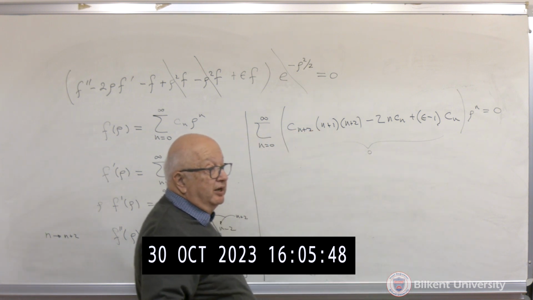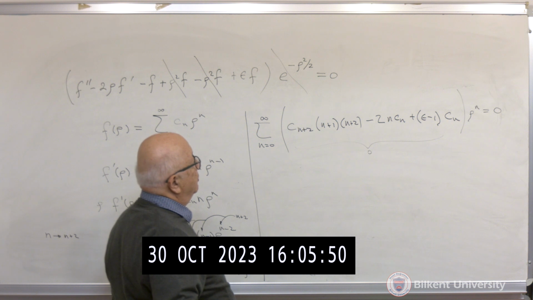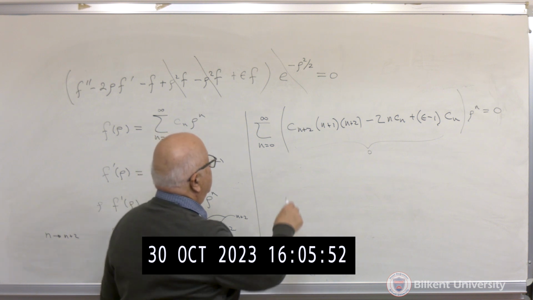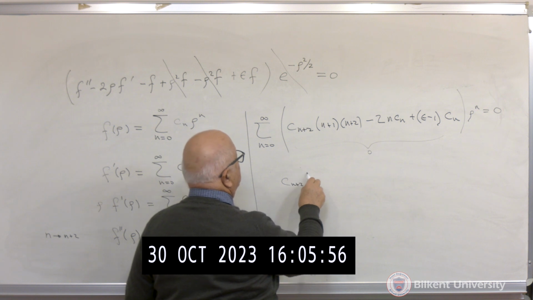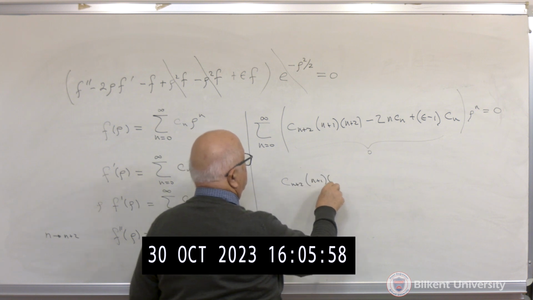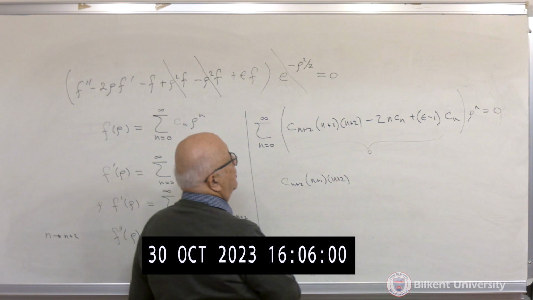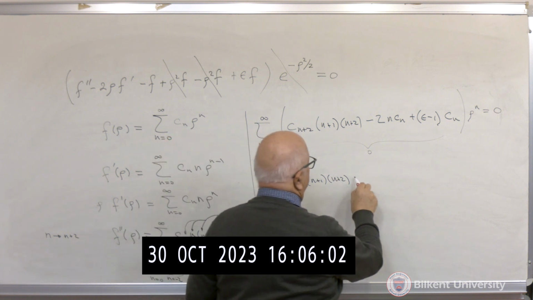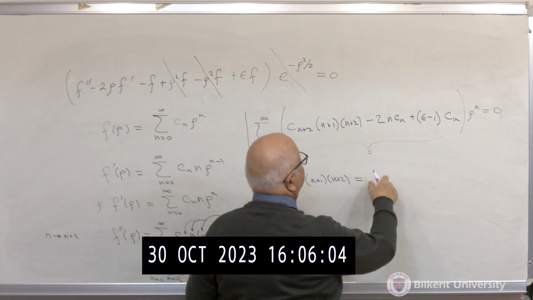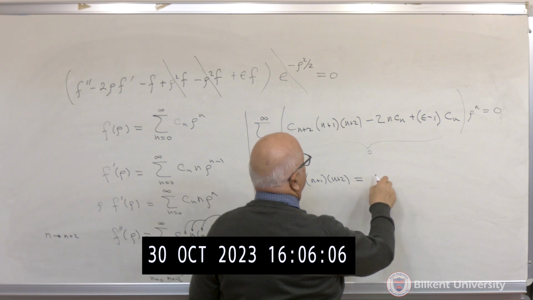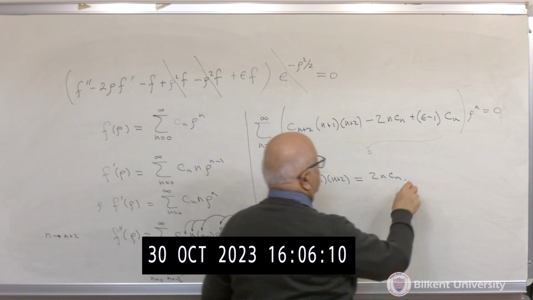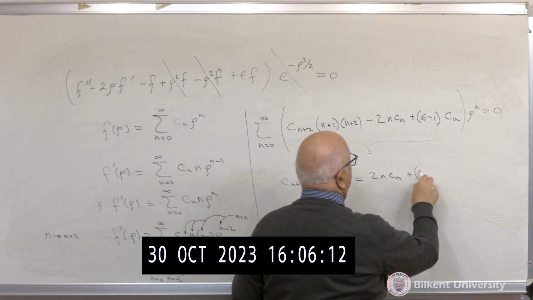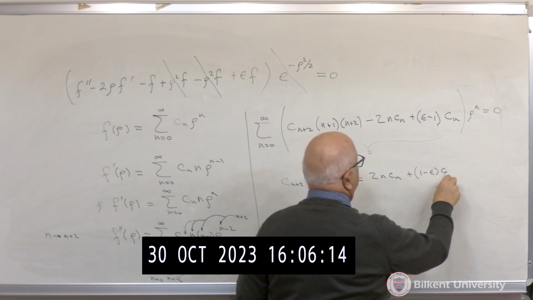And that means I'm going to get C_{n+2}(n+1)(n+2) is equal to, okay, moving things on the other side, 2n Cn minus epsilon Cn.